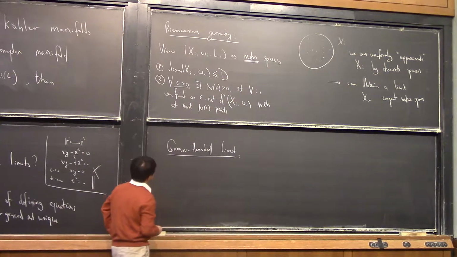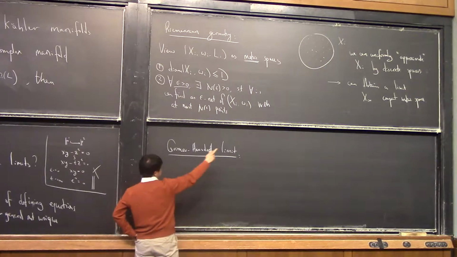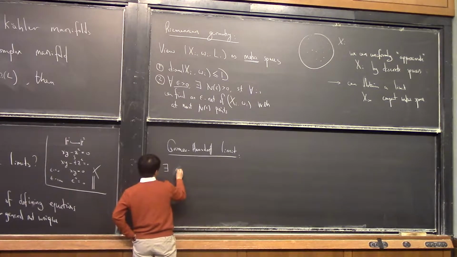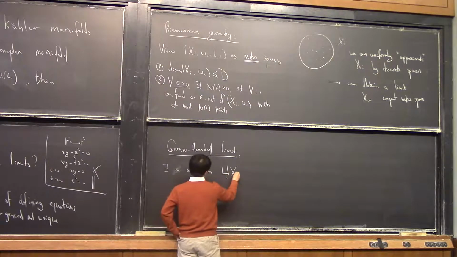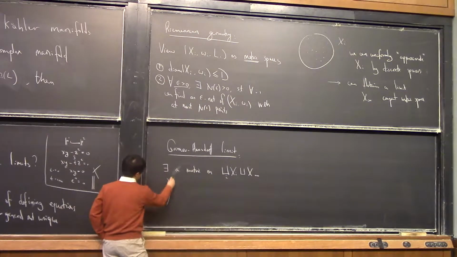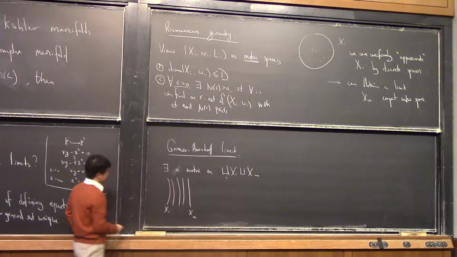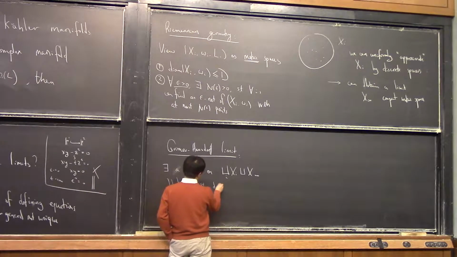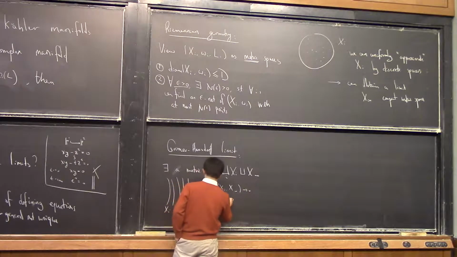The Gromov-Hausdorff limit is this X infinity, but abstractly we can also find a metric on the disjoint union of all these Xi and X infinity, such that the distance between Xi and X infinity goes to 0 as i goes to infinity.